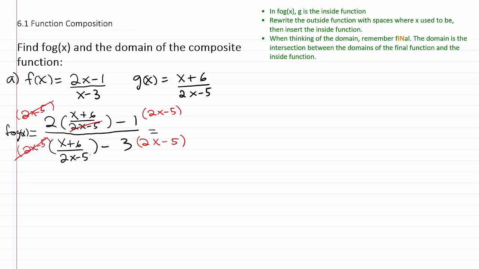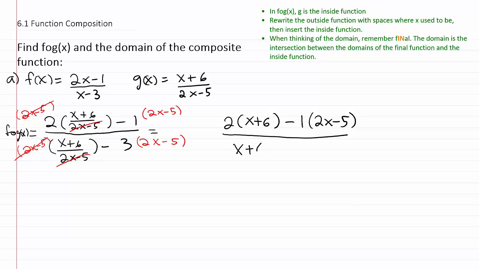Here you'll have the 2x minus 5 cancel out as well. So for the rest of it, we just need to perform the arithmetic. So it'll be 2 times x plus 6 left standing in the first term, then minus 1 times 2x minus 5 in the second term, fraction bar. Then we'll have just x plus 6 left over in the first term in the denominator, and then minus 3 times 2x minus 5 for the last term.